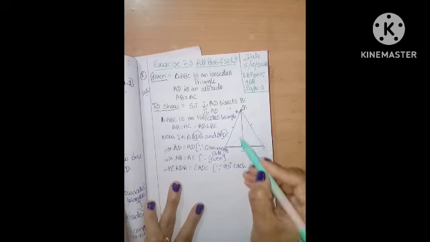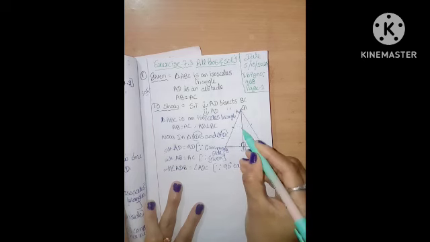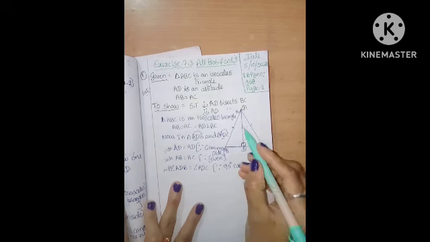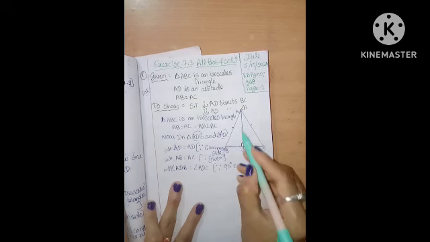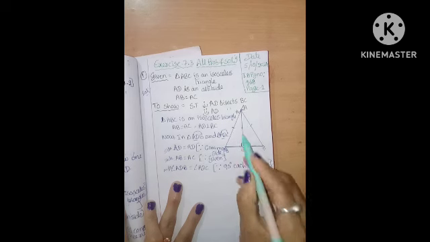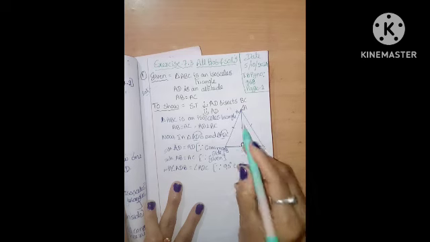First, look at this figure. Here one side and also another side and one angle are given. But this angle is a right angle. Why is it a right angle? The perpendicular symbol is given. Whenever this symbol is given, it is a right angle.